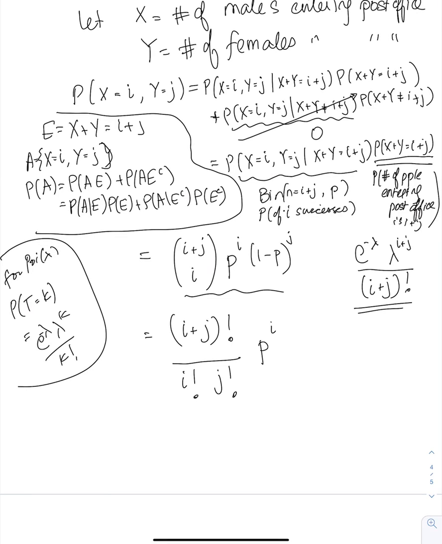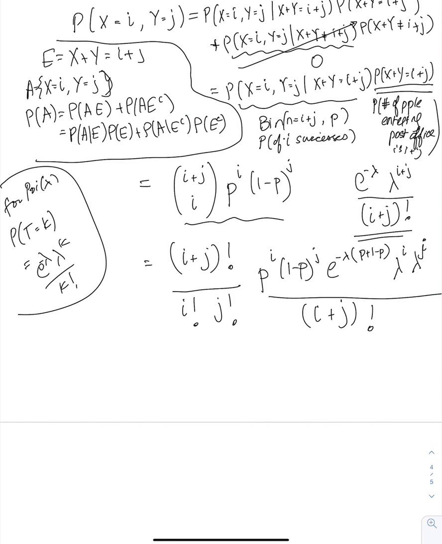Then p to the i, 1 minus p to the j. I'm going to write that as e to the minus lambda times p plus 1 minus p. That's just 1, so it's just lambda times 1. Lambda raised to i plus j, I'm going to write as lambda raised to i times lambda raised to j, all over i plus j factorial.